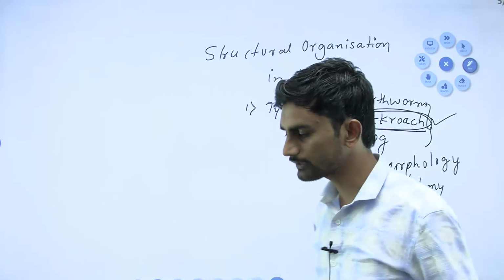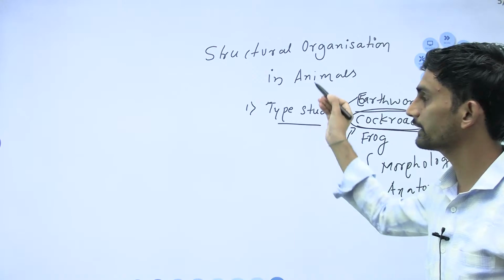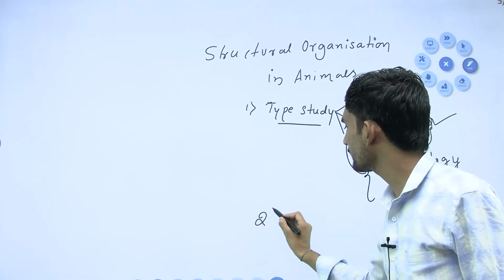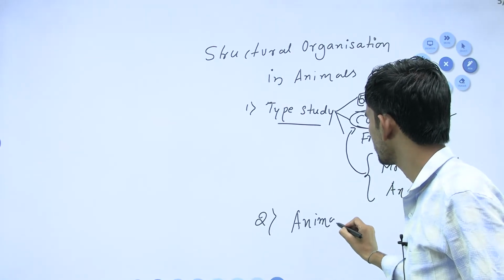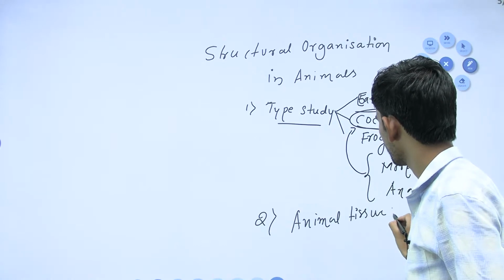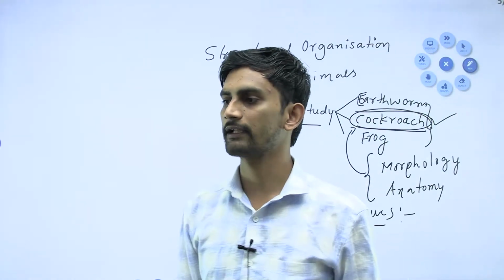Before going to the cockroach study, you have to know that the first important chapter in structural organization in animals is called type study, and the second is called animal tissues. About animal tissues, you have already studied in offline classes.